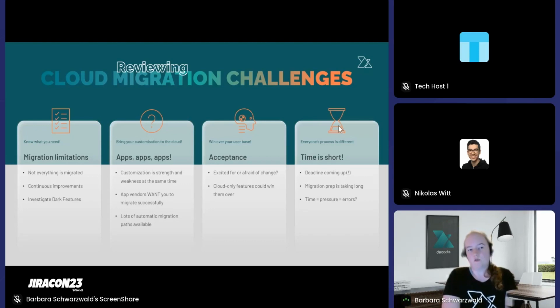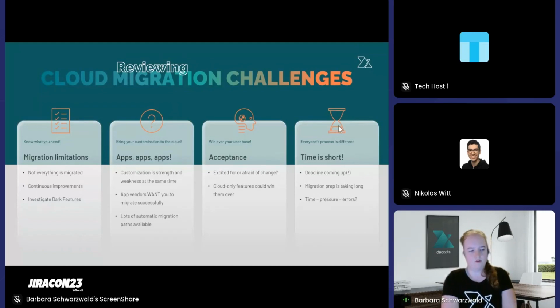So there has been a lot of improvement, especially in this area in the last year, with the introduction of automatic app migration. There are a lot of apps now that have automatic migration, so that you have to do nothing or nearly nothing in manual steps to migrate them to the cloud. And of course, the simpler or more focused the app is, the easier it is. The more powerful an app is, and the more ingrained in your workflows or in lots of different configuration elements, the more complicated it is to migrate, which is easy to imagine.